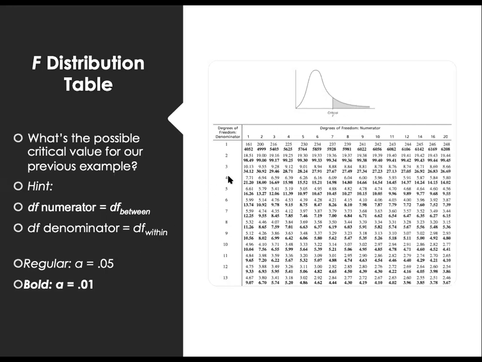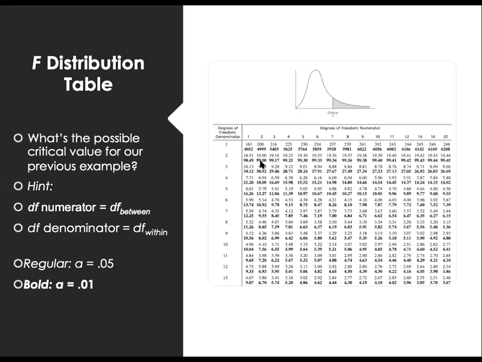Another thing to note about this table is that, let's say you're looking at the F critical value for 2 and 2 degrees of freedom. That's right here. The regular font value represents alpha 0.05, and the bold value, 99, represents F critical with an alpha of 0.01.